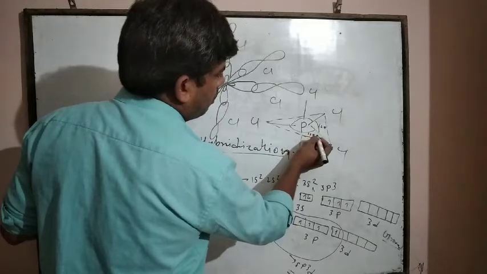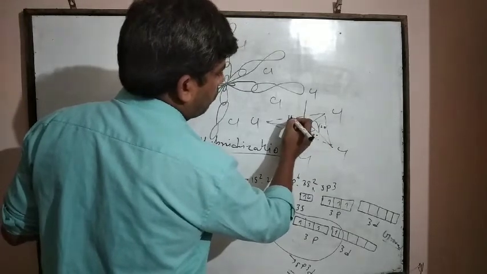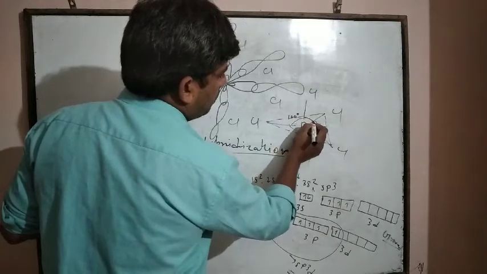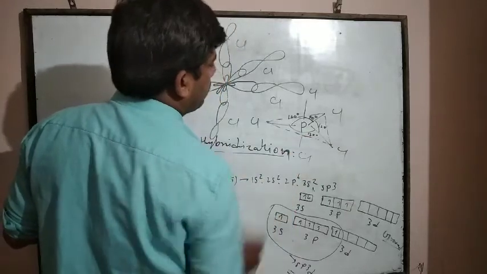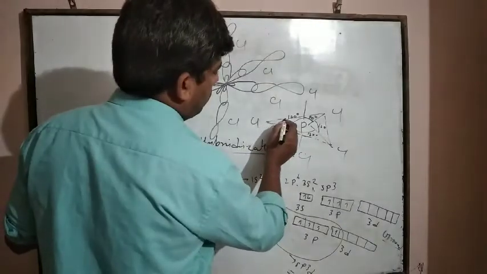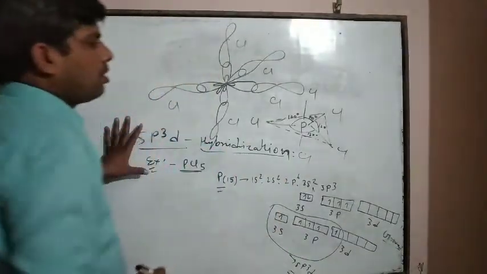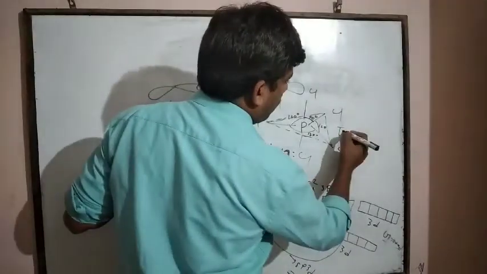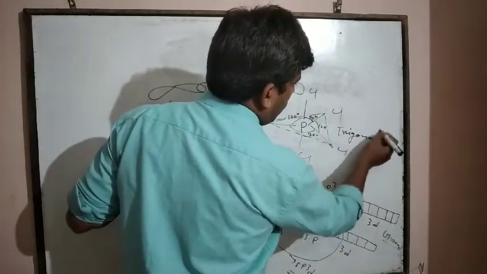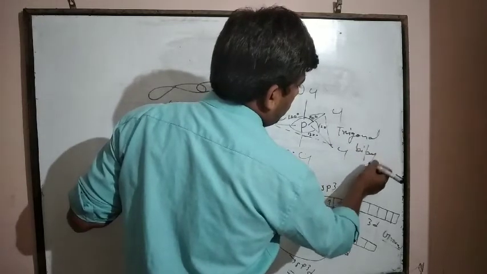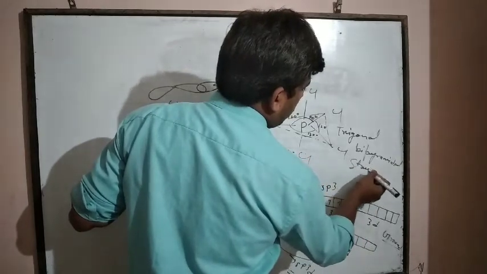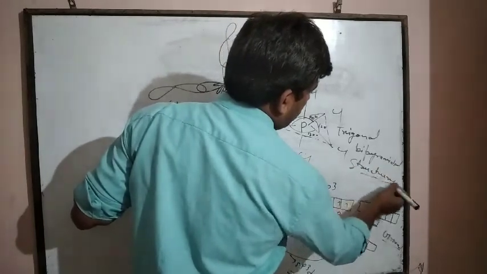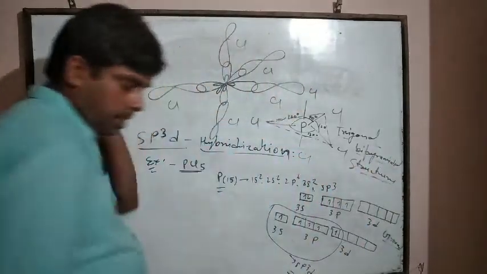This one is also 120 degrees, and this one too. The axial bonds are at 90 degrees. So this structure is trigonal bipyramidal.